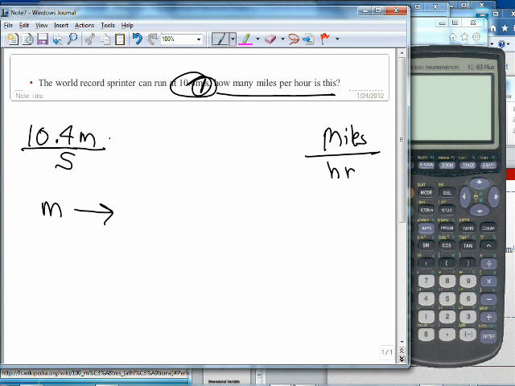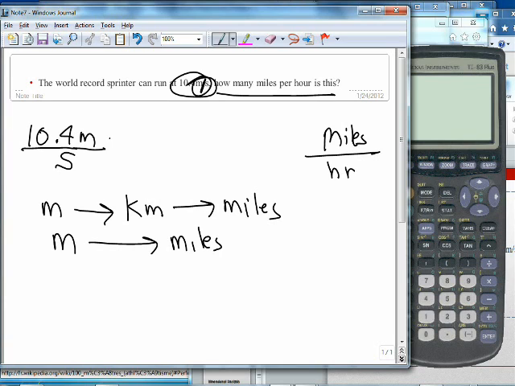Well, I don't have a conversion factor directly from meters to miles, but we can do that. We can find a conversion factor, or we can just do kilometers to miles, or if we can find one, we can go meters to miles, or we can go meters to feet to miles.